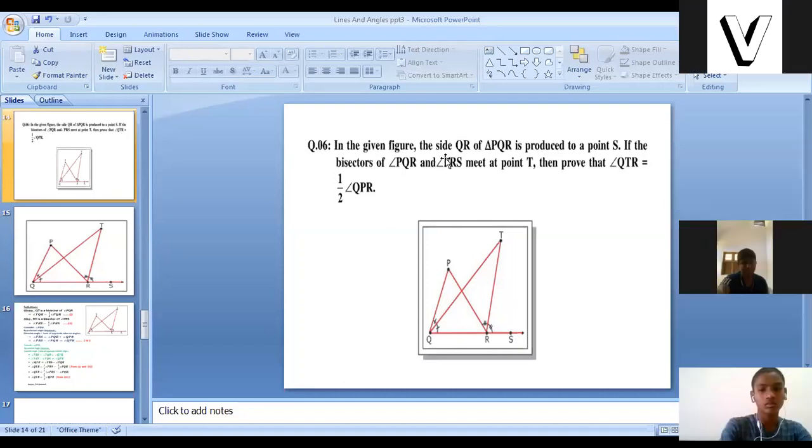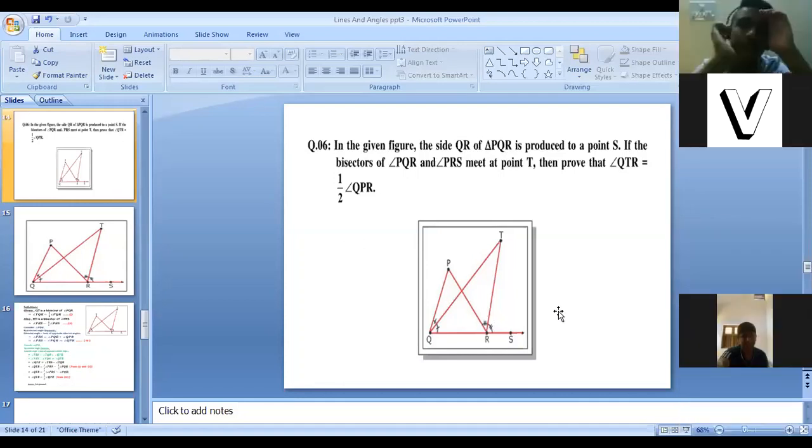In the given figure, the side QR of triangle PQR is produced.